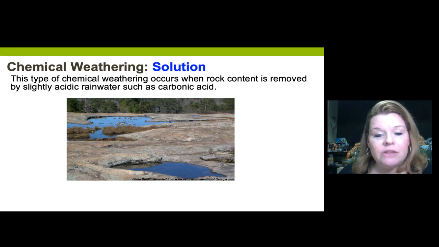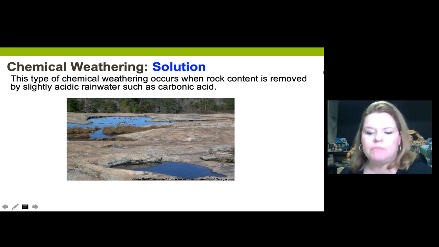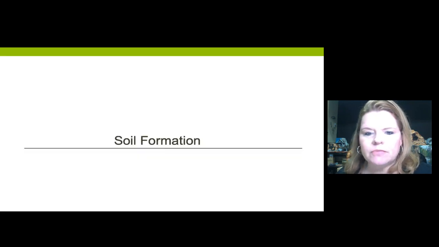So what will happen is that water will slowly eat away pockets on rock, and when it does, it will make cavities, and that's what solution is. It's actually eating away part of that material of a sedimentary, igneous, or metamorphic rock. It's just a form of chemical weathering.